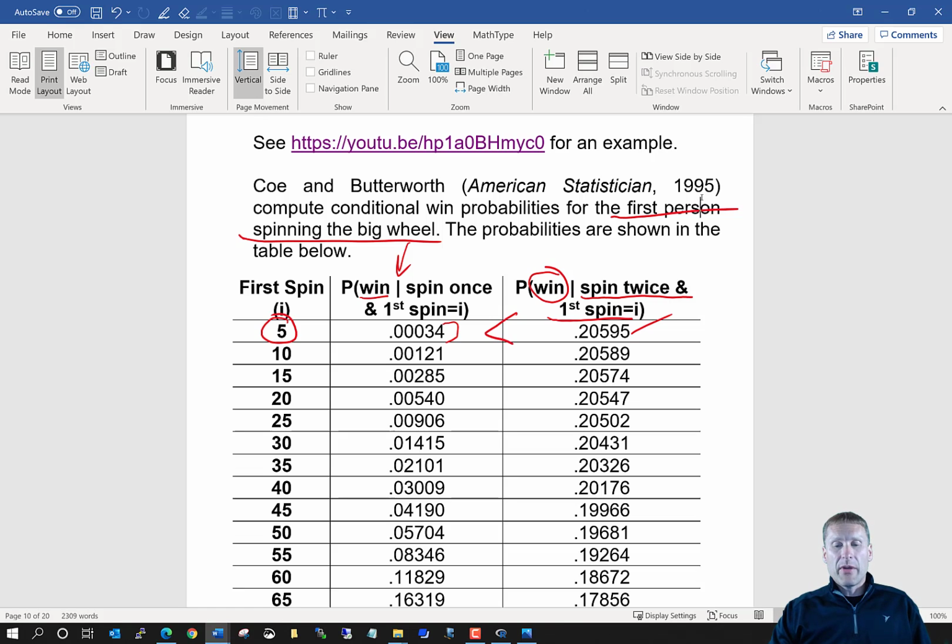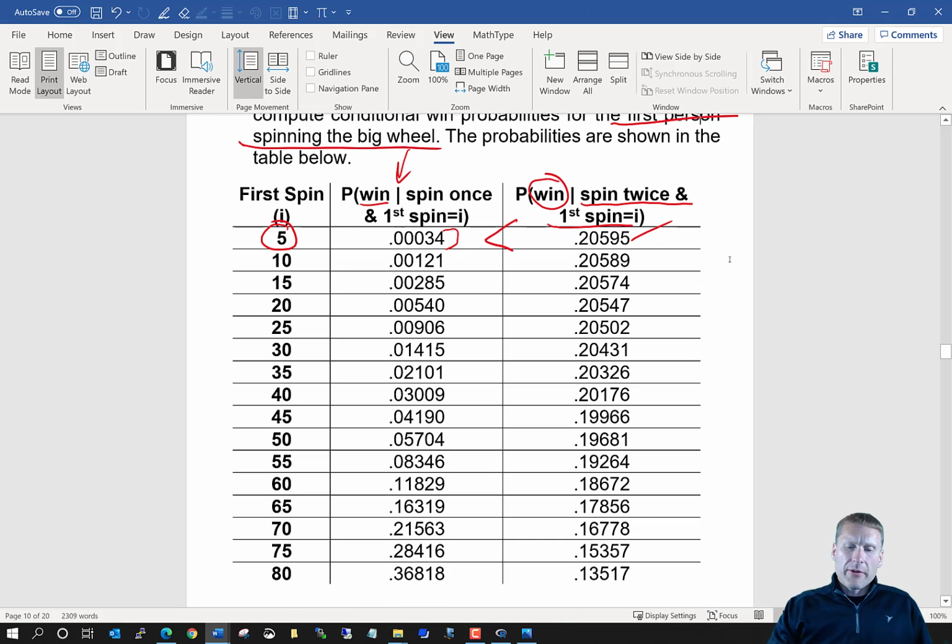Take that second spin. And so let's look through this table here. Let's look at 50 cents. So let's say you got 50 cents on that first spin. Now you're halfway there to $1. So you might be thinking, well, the probability of winning is probably going to be about equal. But in fact, that's not true.